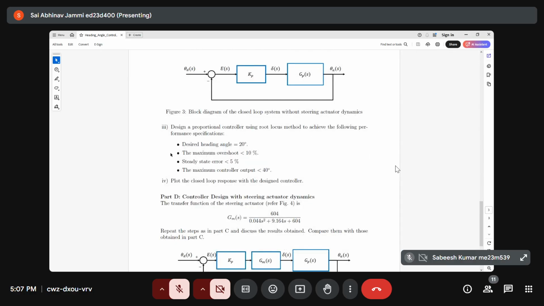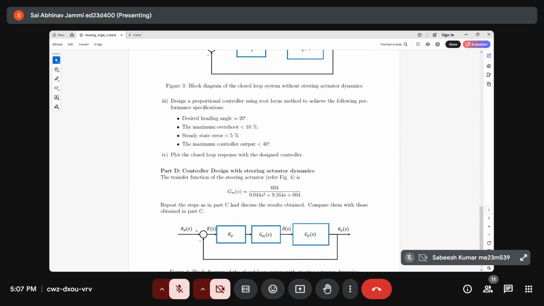The desired heading angle is 20 degrees, the maximum peak overshoot is less than 10%, steady state error less than 5%, and the maximum controller output is less than 40 degrees. Once we obtain the required output, we plot the closed loop response.